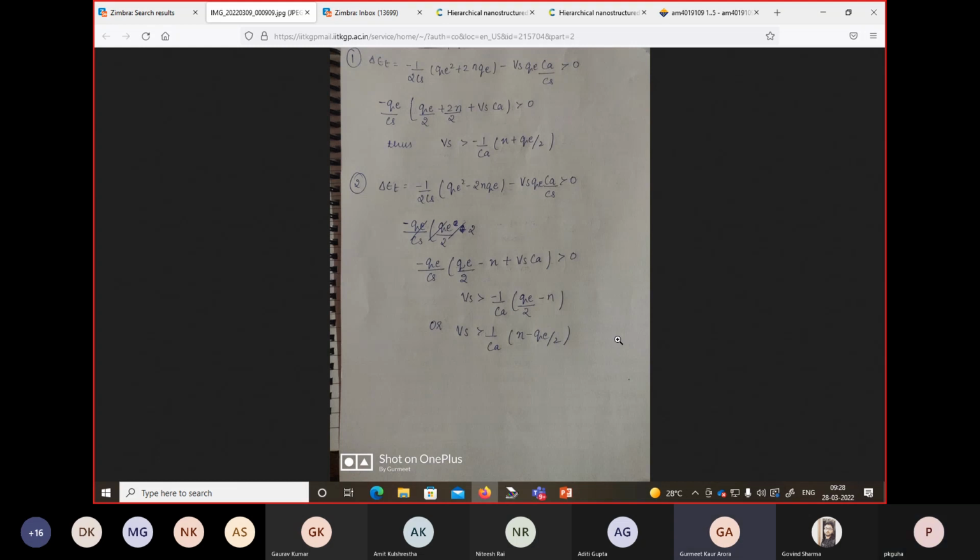But sir, in this case, if we substitute the value of n to be 1, then it should resemble the previous case, that is when we took the single electron transistor case. But it is not coming out to be. It is coming out 1 plus QE by 2, right? Where is my note?